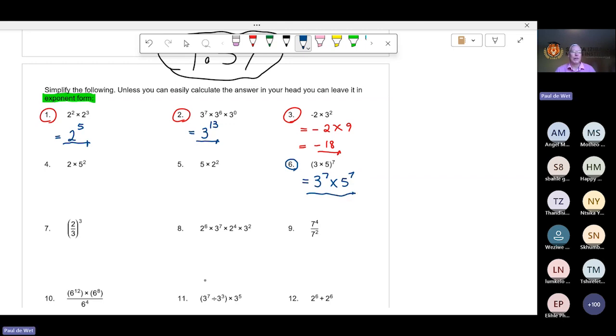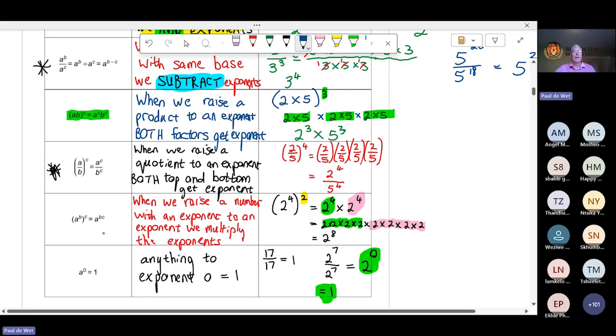Right. I want us to look at number 7 because it's actually a similar idea. But this time we haven't got a product, we've got a fraction. We need to remind ourselves which one gets the power. Do they both get the power, or does just the top one get the power, or the bottom one? Again, if we're not sure, we go back to the rule and have a look.